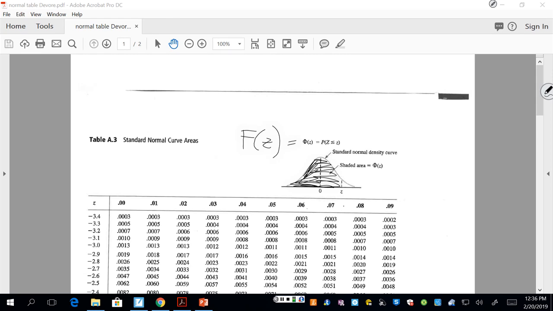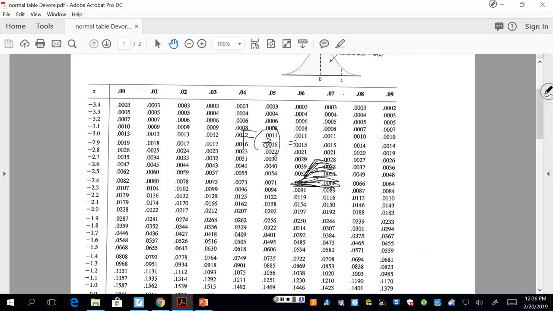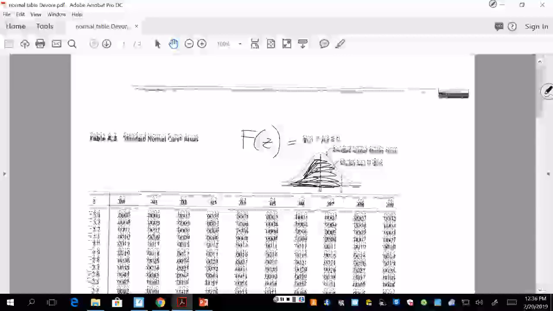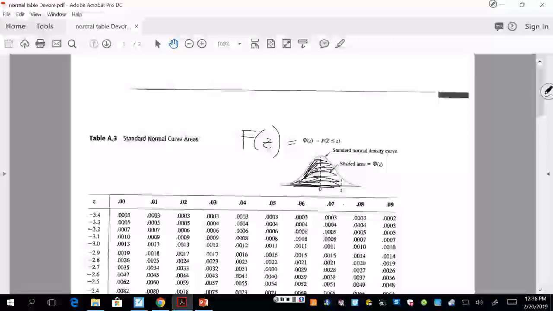So they list negative 3.4, negative 3.3, negative 3.2, and so on, and then they add one more decimal place across the columns: negative 3.40, negative 3.41, negative 3.42, and so on.